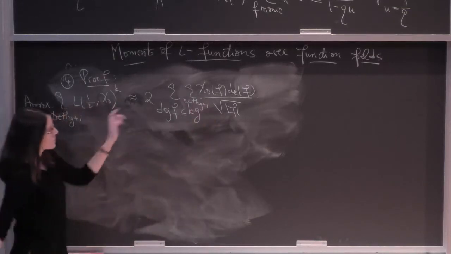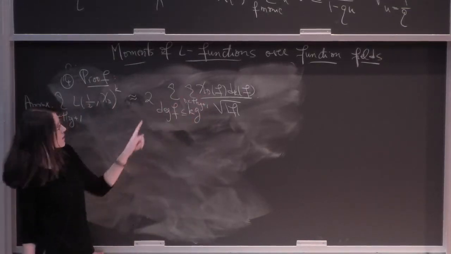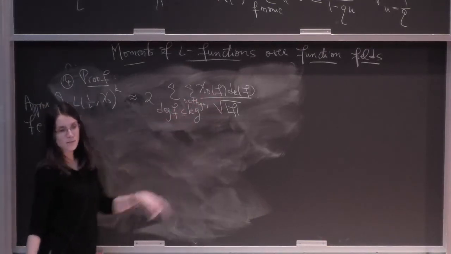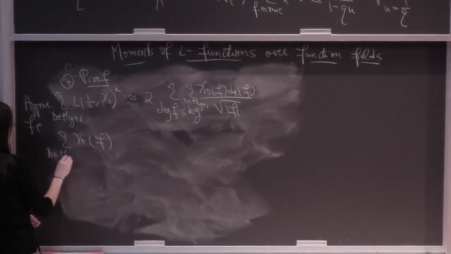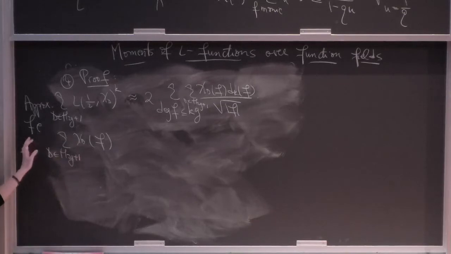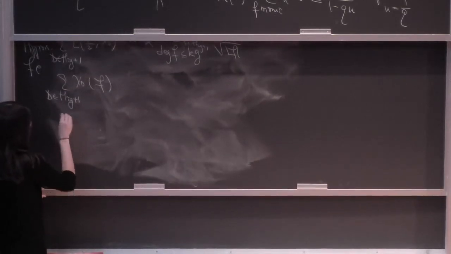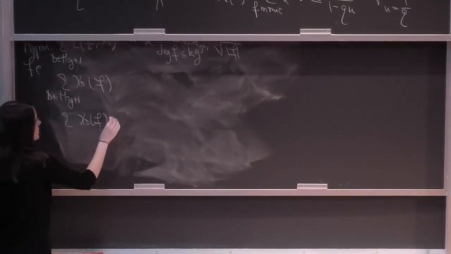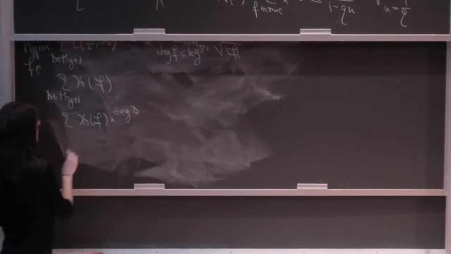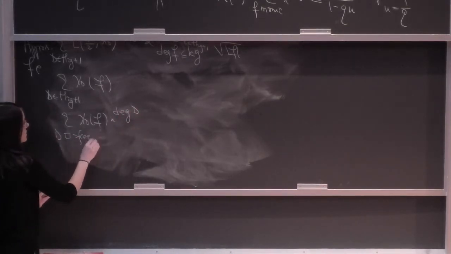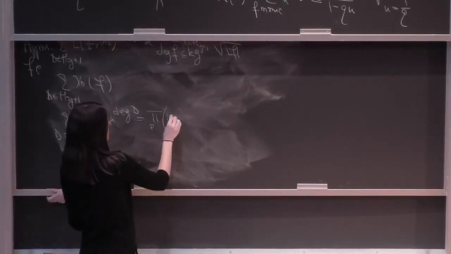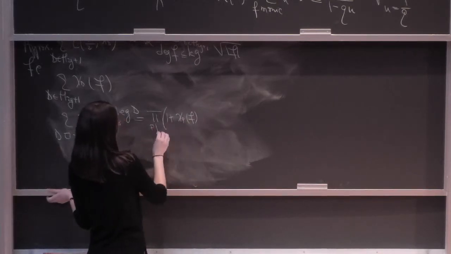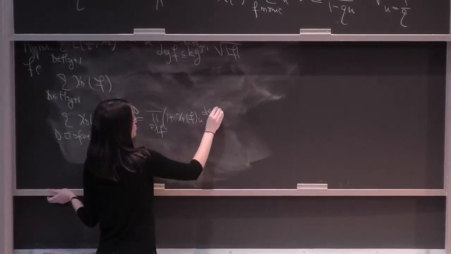So now I have the problem of evaluating the sum of chi_d(f) as I vary over square-free polynomials d, and f is fixed. It turns out that in the function field setting, doing this is pretty easy. Why? If we look at the generating series of this, u to the degree of d, summed over square-free polynomials, then this is just a product over primes of 1 plus chi_p(f) u to the degree of p.